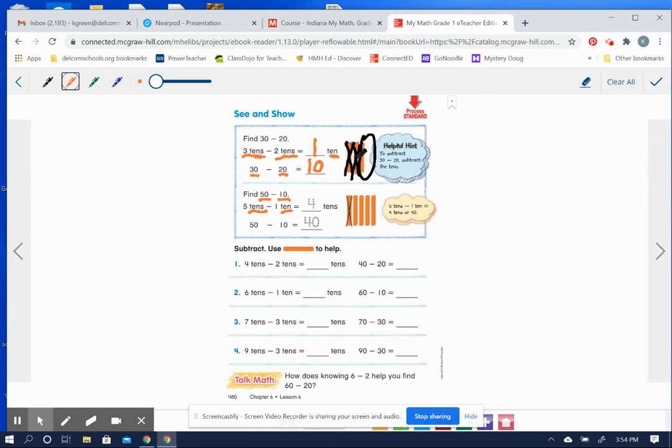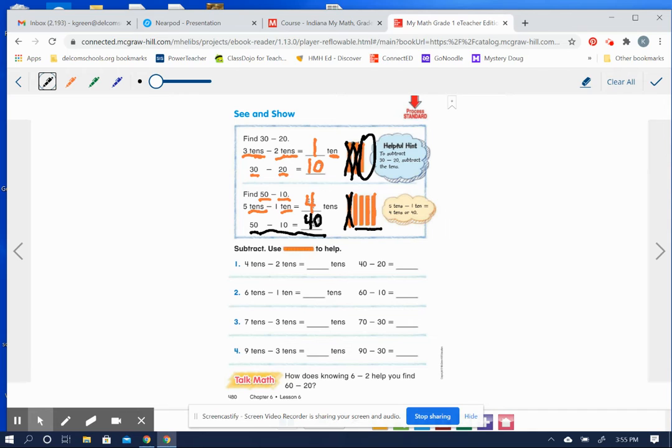So five tens minus one ten equals four tens. So here we have five tens, 2, 3, 4, 5 tens minus one ten. So we're going to put an X on one of them, and then we have four tens left. Four tens is the same as 40, isn't it? So 50 minus 10 equals 40.